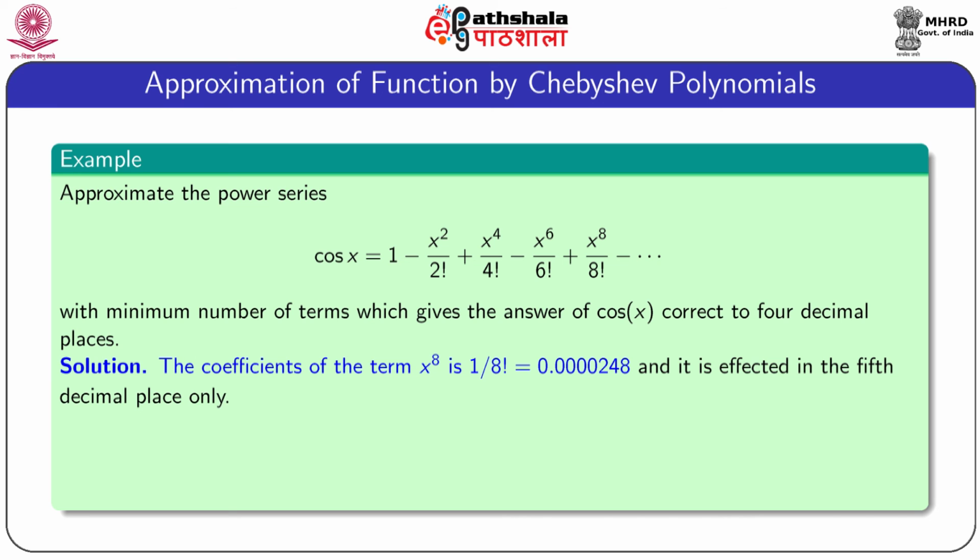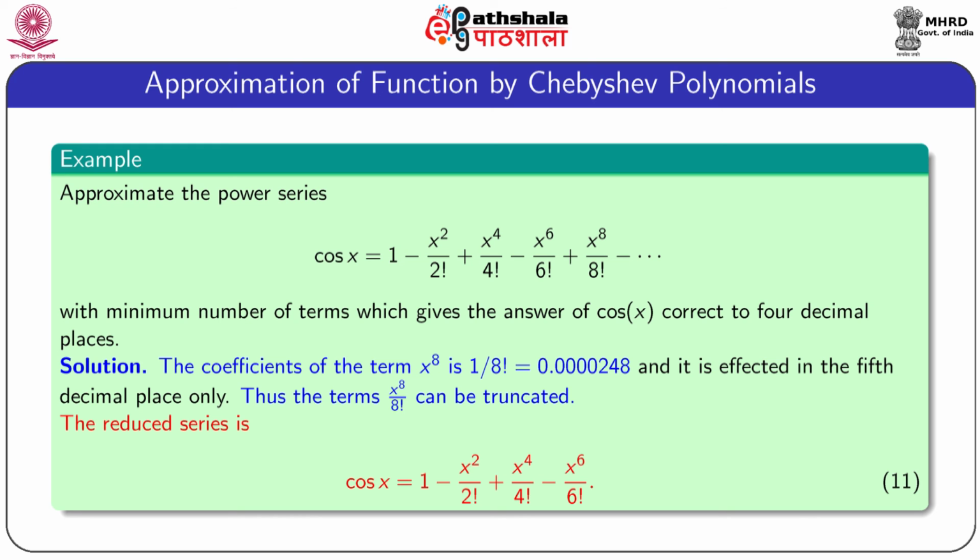Therefore, there is no effect in the first 4 decimal places in the calculations. So, we can truncate the term x to the power 8 by factorial 8 and other higher power terms from the given series, and the reduced series is cos x equal to 1 minus x square by factorial 2 plus x to the power 4 by factorial 4 minus x to the power 6 by factorial 6.